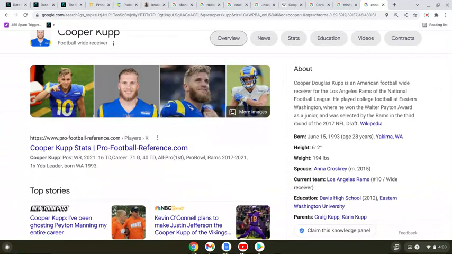So Cooper Douglas Kupp, when you type his full name, it's 244, just like Shane Warren's whole name, okay? Well, Cooper Douglas Kupp just won the Super Bowl MVP, which is the best player in the Super Bowl, right? He did so on February 13th, and he plays for the Rams.